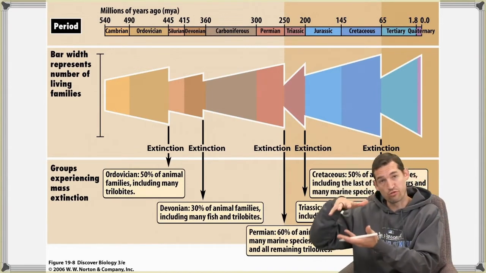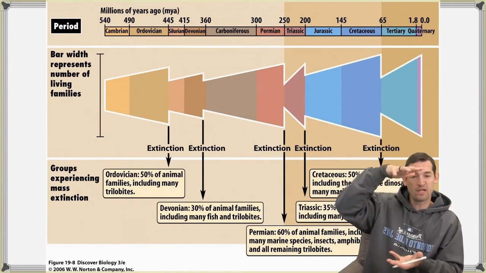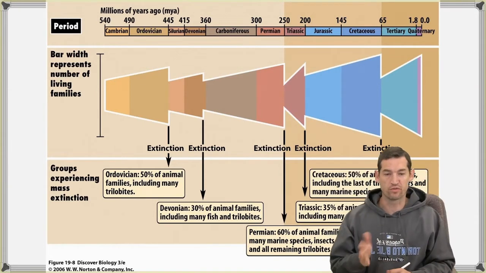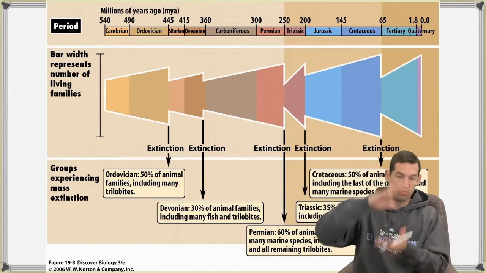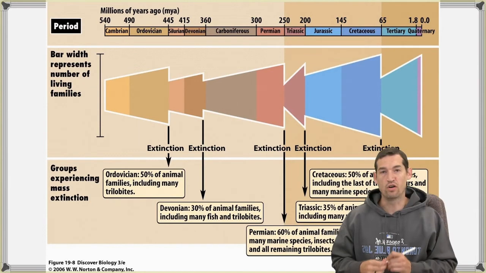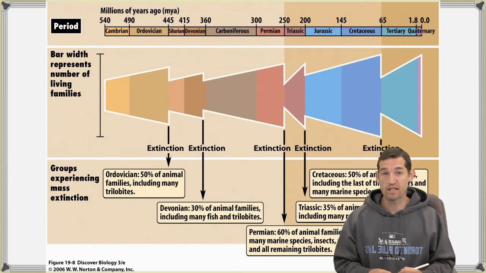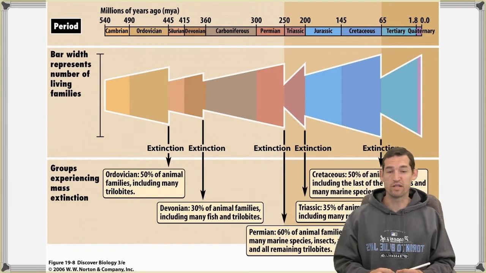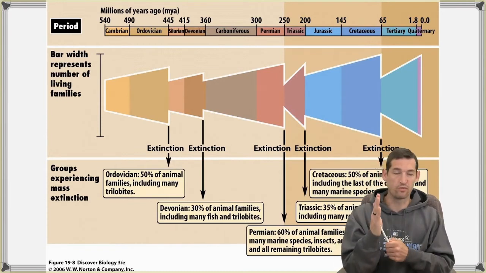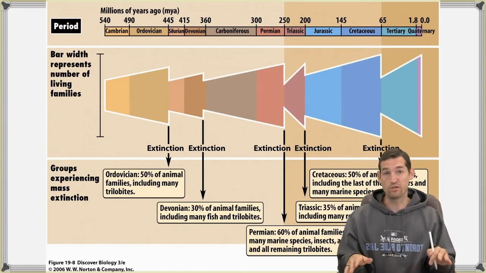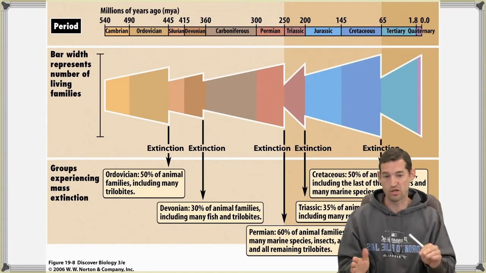There were new species showing up until eventually, 445 million years ago, boom, 50% of all animal species on the planet gone. We don't know why necessarily, but for whatever reason, after 445 million years ago, we don't find those fossils anymore. They're just gone.